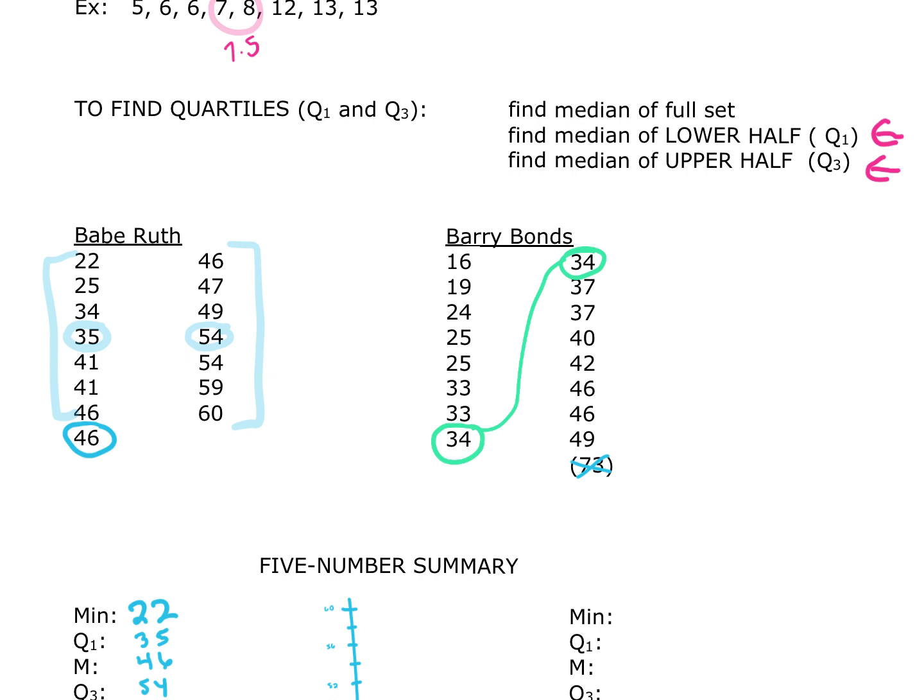And then we are looking for the median of the lower half. We are not going to include either of those 34s when we are finding quartile 1, the median for the lower half. So what does that end up being? I'm not sure. I don't remember. It's the first 25 here, and it's the 42 here.